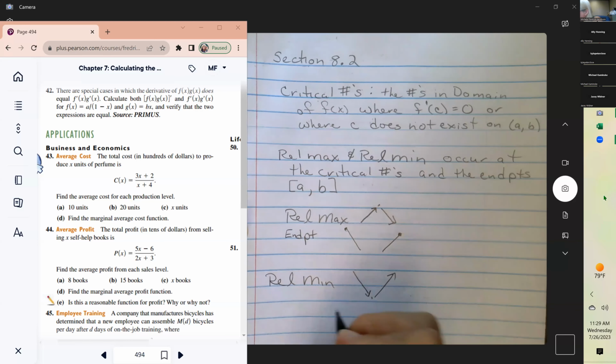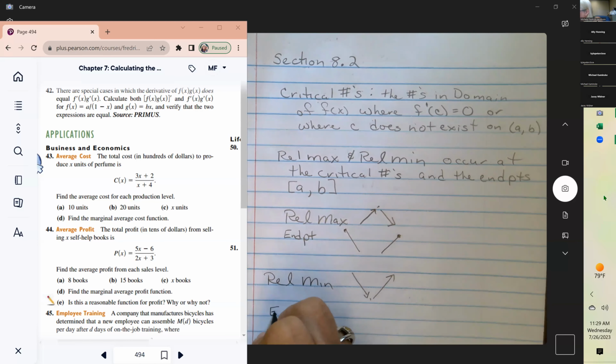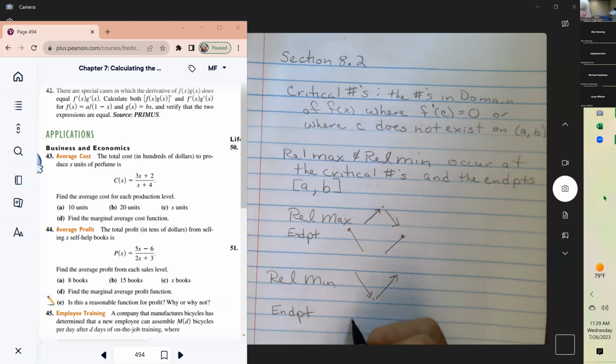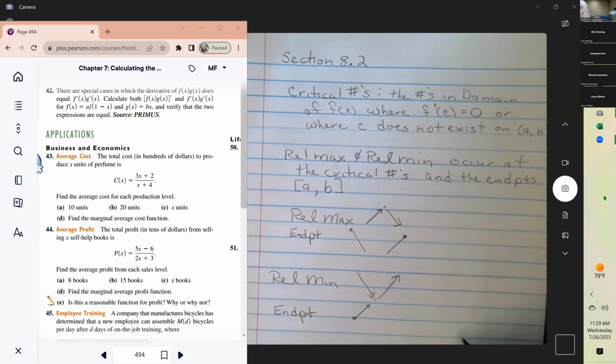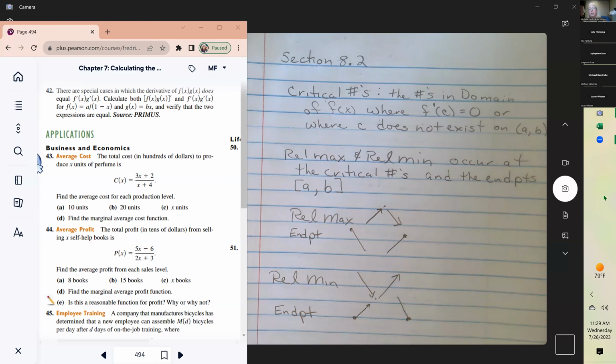Or if it was the endpoints, we look at where A would be. It needs to be the low value, so from here it will be going up. For B, it would be coming down. So then the points around it are above it.